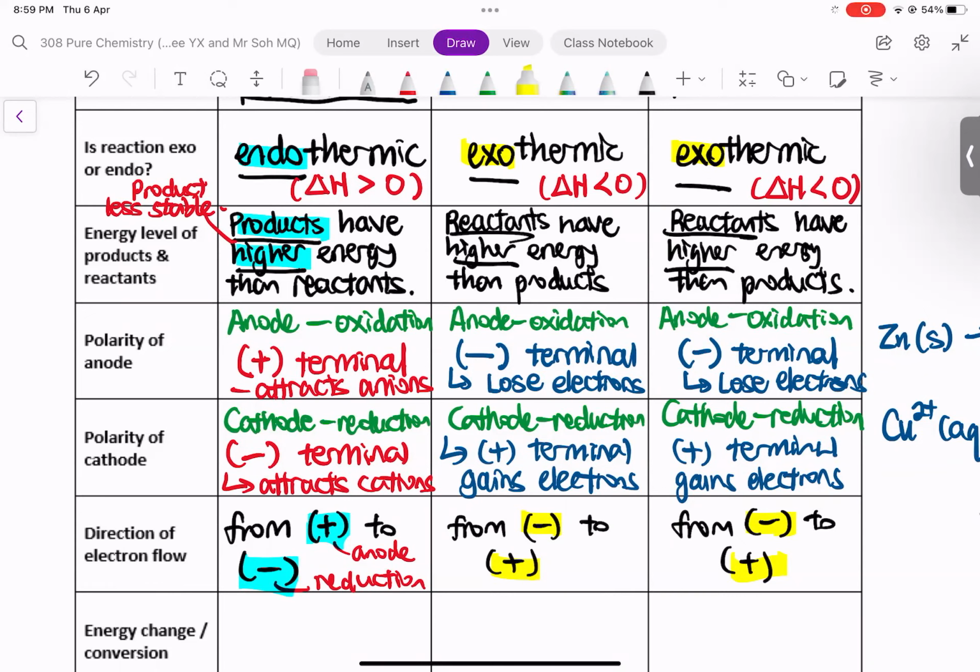Okay, there's another question. So if the reactants have higher energy, does it react faster? The answer is yes. Generally speaking, when things have higher energy, they will react faster, they will react more vigorously, they will react more violently. And that is the reason why in chemistry as well as in physics, when things have higher energy, they are much less stable.